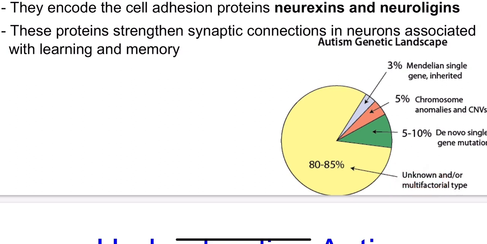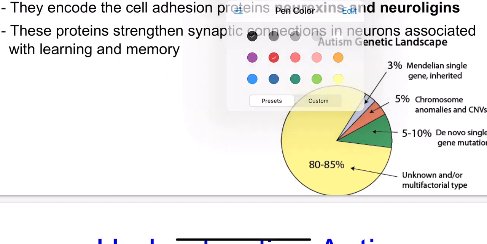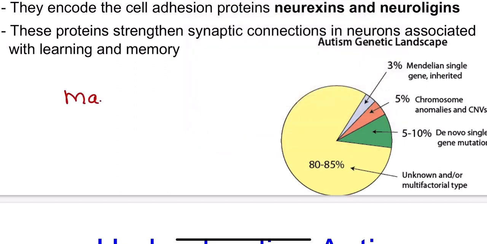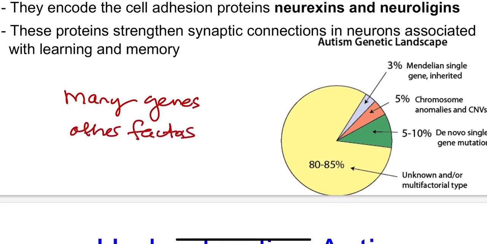So what we mean here with multifactorial is that there are not only many genes involved, right? But there are other factors as well. Environmental influence, as an example, can also play a role.